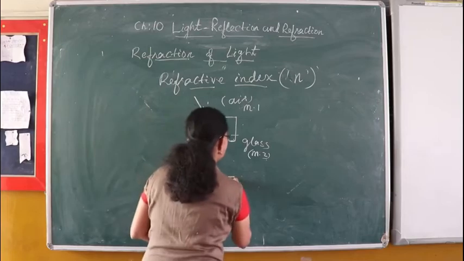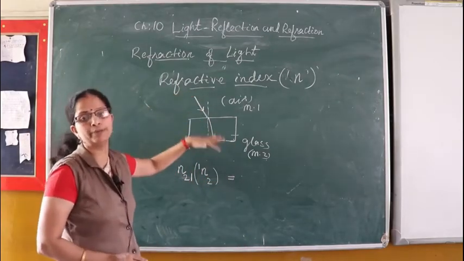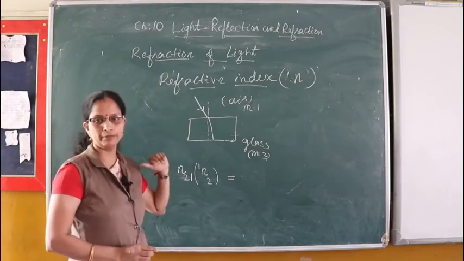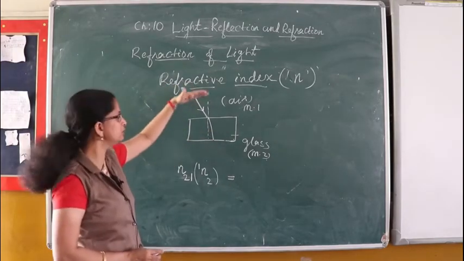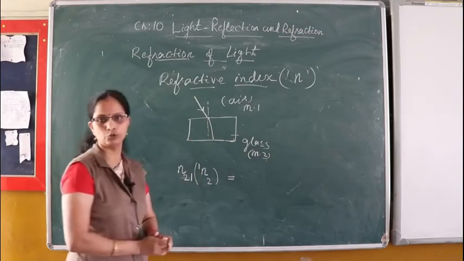That will be given by the ratio of the speed of light in these two different media. The ratio of the speed of light in these two media will give the refractive index of medium 2.